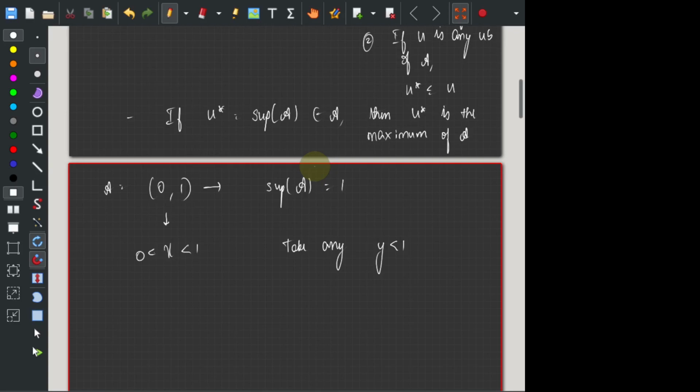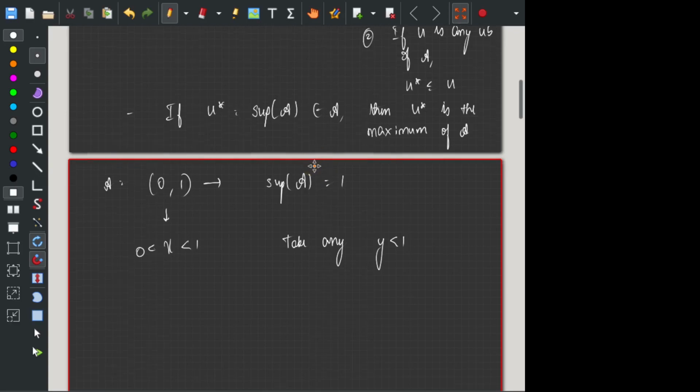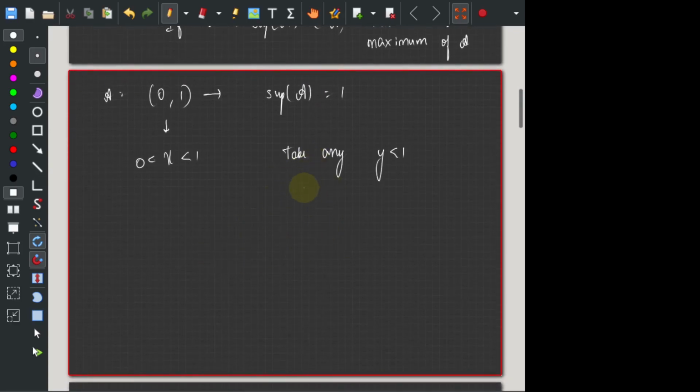You have to show that there exists at least one element greater than y. Correct. So y is strictly less than 1. Right. So what can you say about 1 minus y?